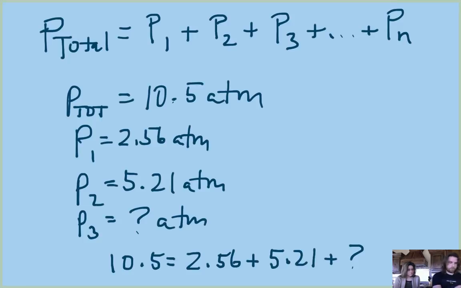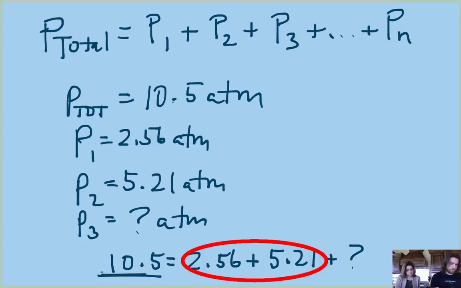All we have to do is combine like terms and then subtract from both sides. So 10.5 minus the sum of those gives me the third one, which is 2.73 atmospheres.